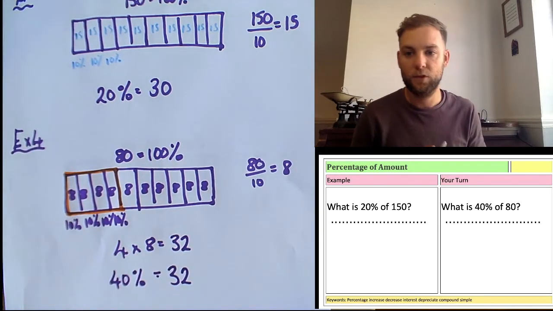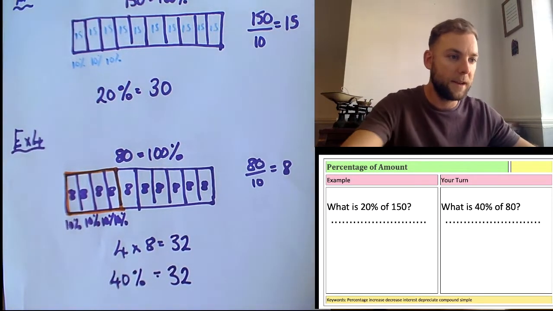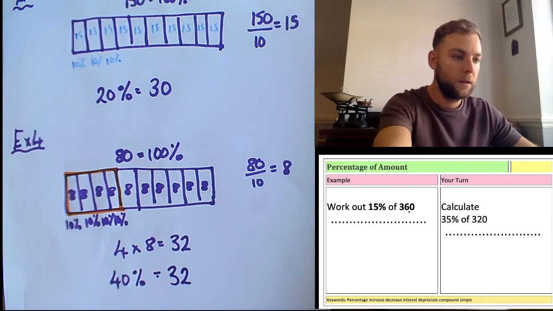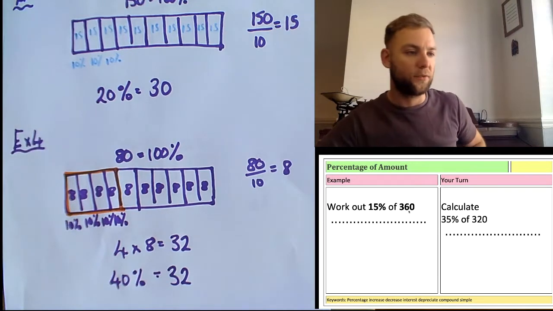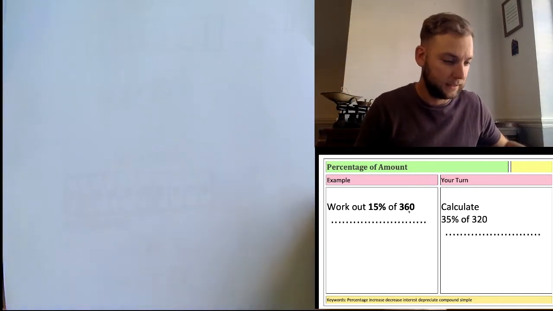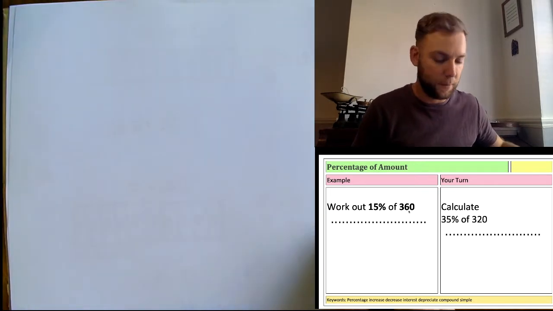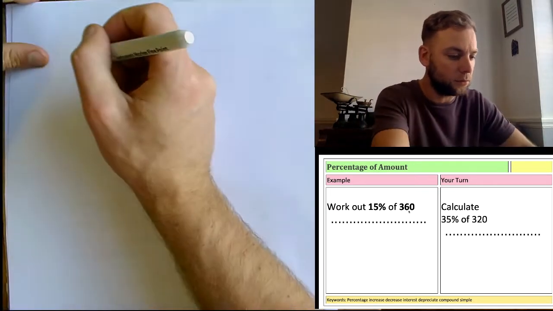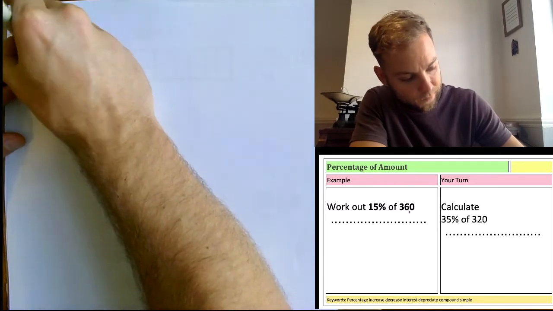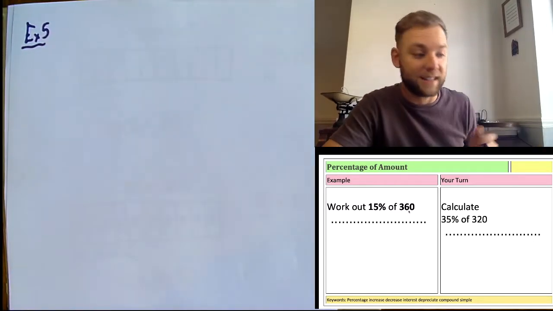Brilliant. Super. So let's have a go at the next one now. So 15% of 360. So we're getting a little bit trickier now because 15% is actually a little bit harder. So I'm going to make this one a little bit bigger. This one here is example 5. So we start off with exactly the same process.